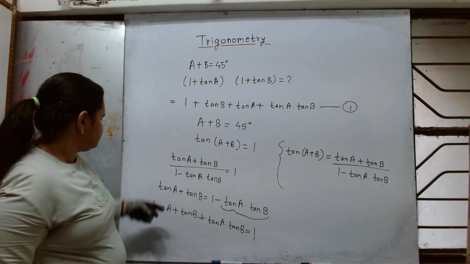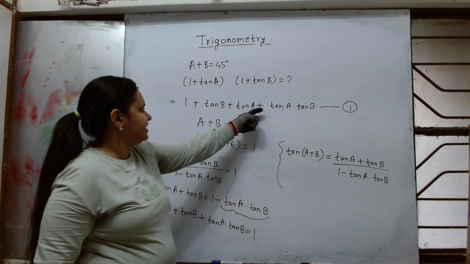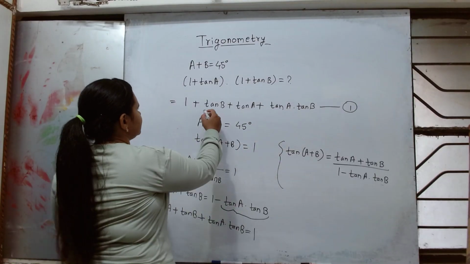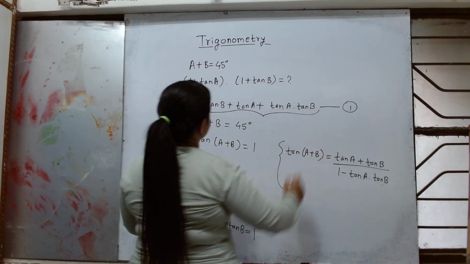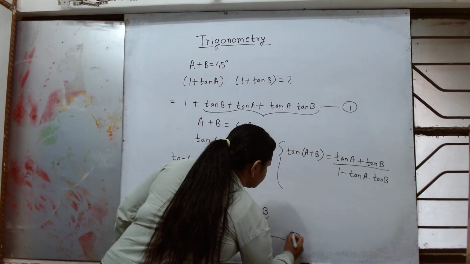So tan A plus tan B plus tan A tan B is equal to 1. We put it as equation 2.